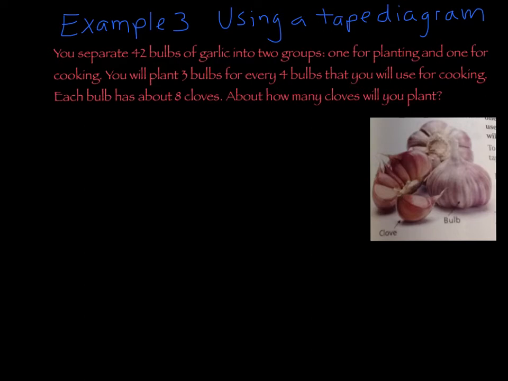Let's set this up using a tape diagram to help visualize it, and we'll express the ratio 3 for every 4 using a tape diagram. This is what our ratio will look like. It would be 3 to 4. So you're planting 3 bulbs for every 4 that you'll cook.